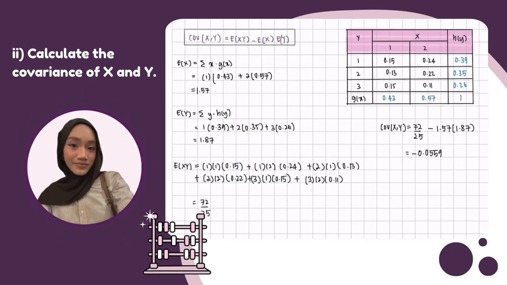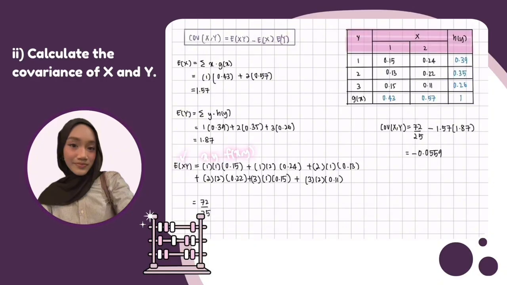So for calculating covariance of X and Y, the formula would be E(XY) minus mean of X times mean of Y. So for mean of X, all X times their marginal distribution, so we'll have 1.57. And for the mean of Y, Y times the marginal distribution, so add them all and we'll have 1.87. So to find the value of E(XY), we'll have to multiply X with Y and their joint distribution.